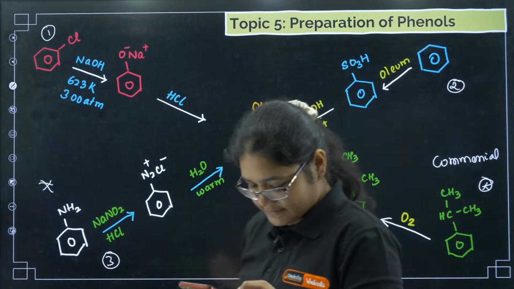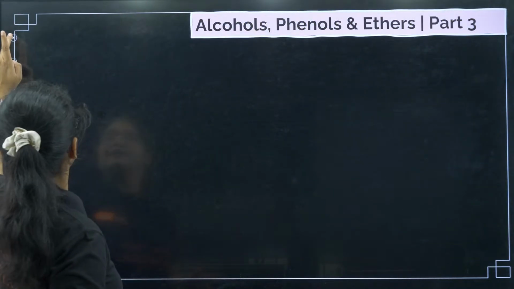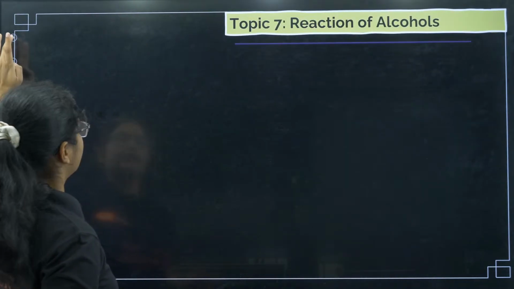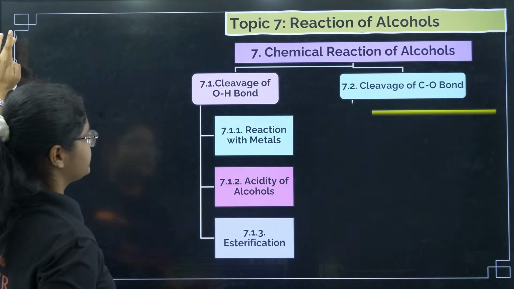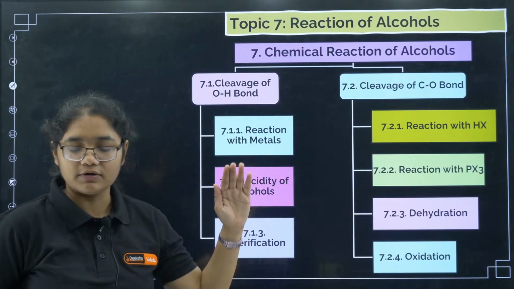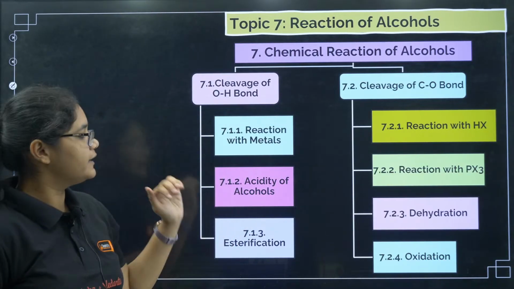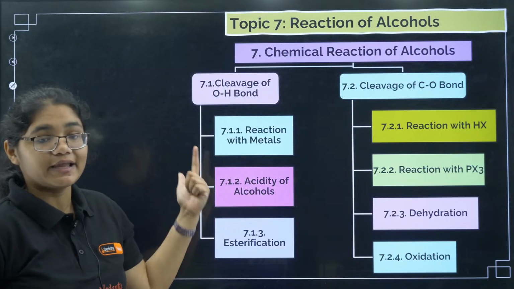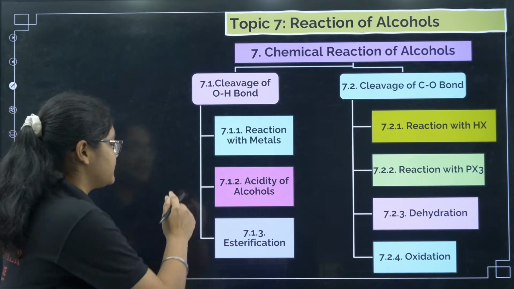Okay, next, let's start with the reactions of alcohols. Under reactions of alcohols, we have 2 types of reactions. One where there is cleavage of the OH bond. Under that we have reactions with metals, esterification reaction, and acidity of alcohols. This is very important.